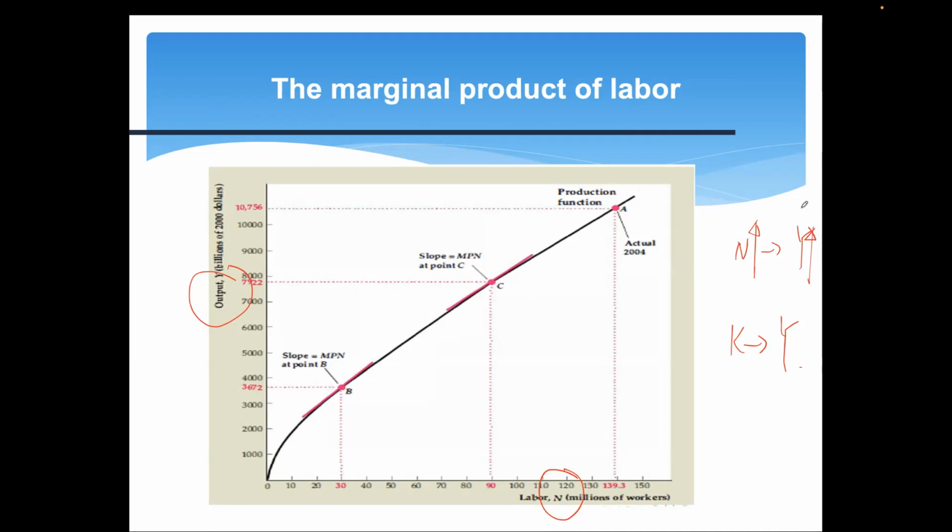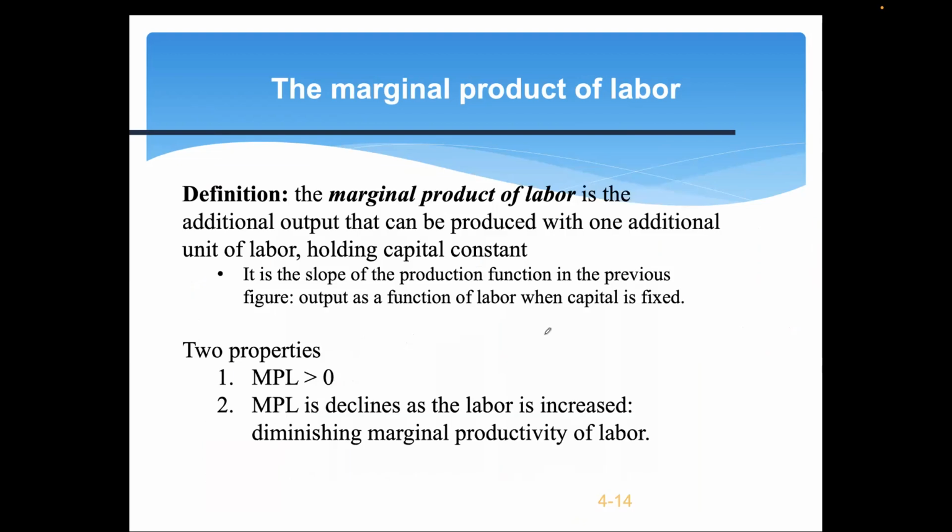If you have more workers working in the economy, the more you can produce. The second, the slope of the curve is declining. And this essentially is just like we had before. It's decreasing marginal product, but now it's the marginal product of labor instead of marginal product of capital. Now we go to the next slide.